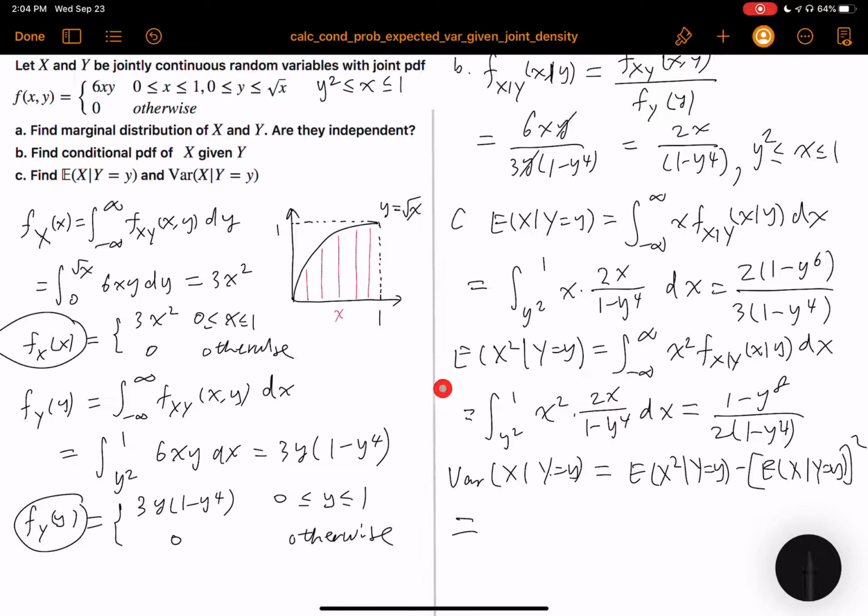It's equal to this, so plug it in: (1 − y to the eighth) divided by 2 times (1 − y to the fourth). Subtract the expected value that we calculated here, which is equal to this number: 2 times (1 − y to the sixth), divided by 3 times (1 − y to the fourth), and take the square.